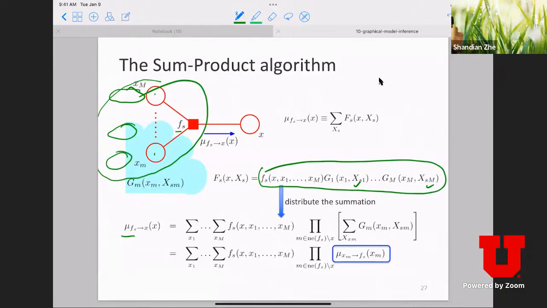That means we can put the summation over each subtree in parallel. That's why we can move the summation inside the product across these children of f of s. So outside, of course, you need to sum over the children of f of s, x1 to x big M, and then in each subtree rooted by x1 to xm, just first do the summation and then do the product.